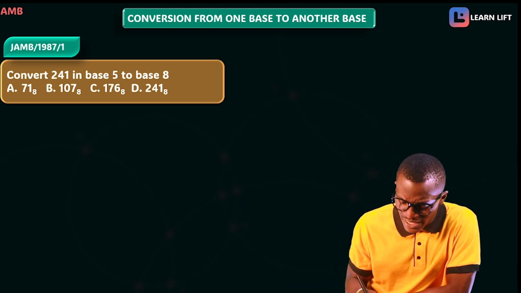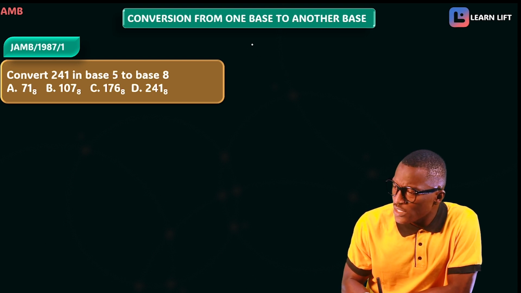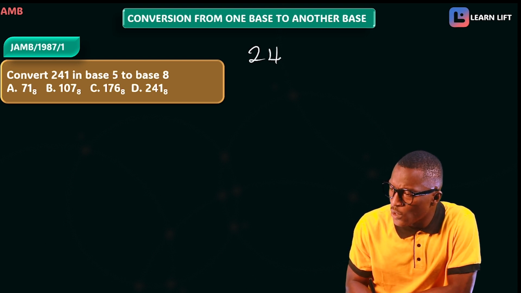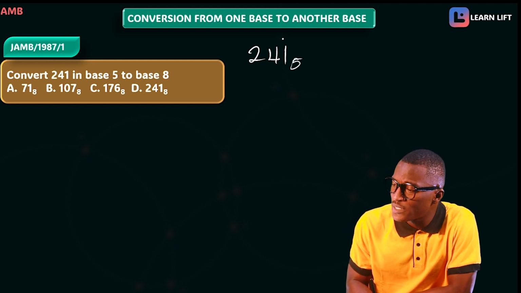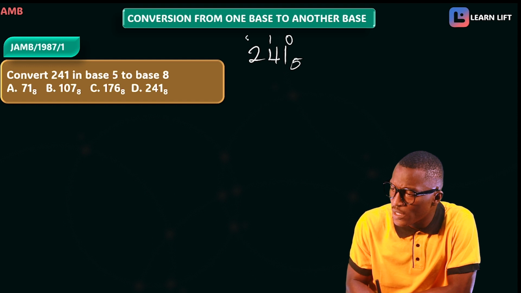Now, how do we convert that? The first thing to do is to look at 241. What base is it? It is in base 5, so first we convert it to base 10. We add 0 here, 1 here, 2.